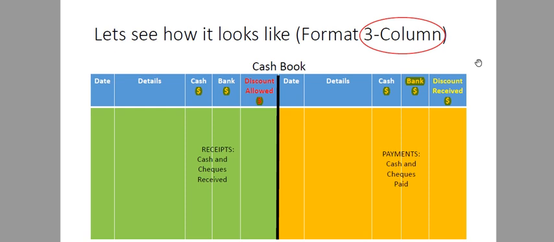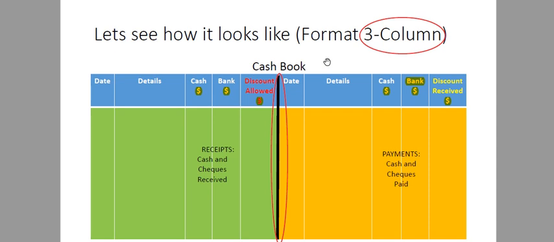The reason for calling it a 3-column cash book is that it has 3 amount columns on either side. And when I say either side, you should notice that black bold line in the middle. So this is the dividing line, and this makes it more like a T account.